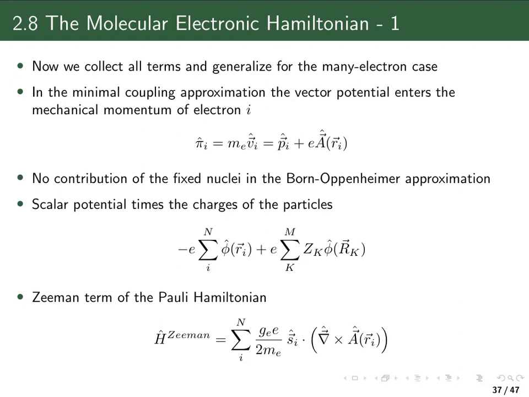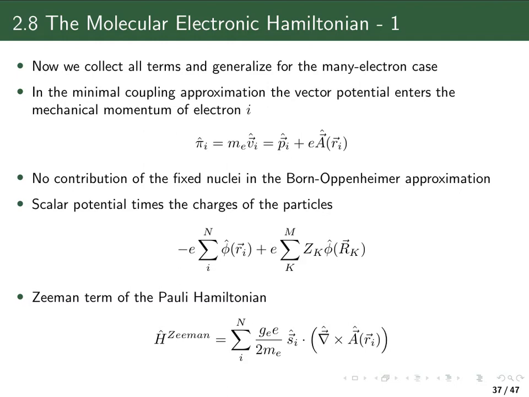But since we do not include the kinetic energy at all, we are not going to have this term. However, we will include the terms coming from the interaction of the nuclear charges with the scalar potential. So we will include not only the term with the scalar potential and the charge of the electrons, but also the corresponding terms with the scalar potential and all the charges of the nuclei.